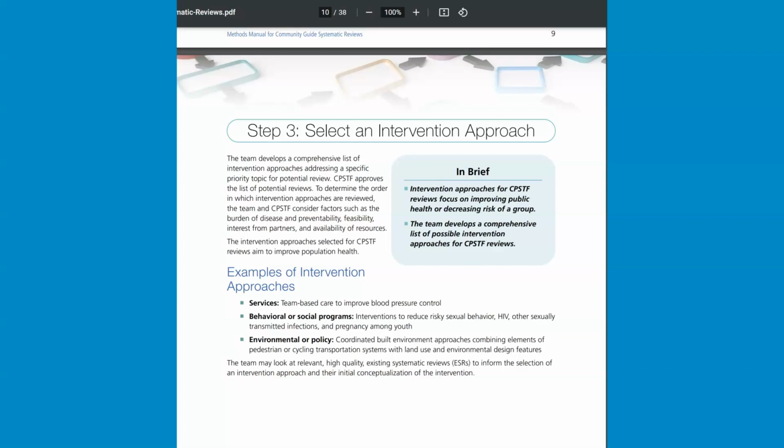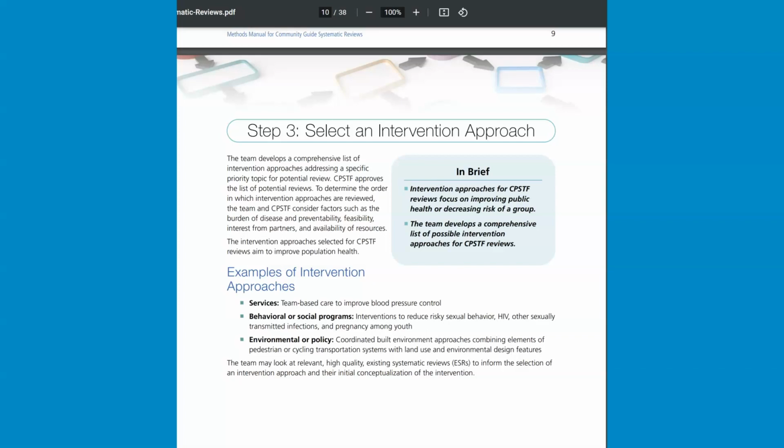So that's one approach. And then the final example of an intervention approach is an environmental or policy level approach. So coordinated built environment approaches combining elements of pedestrian or cycling transportation systems with land use and environmental design features. I know that's kind of a mouthful, but basically it's creating an intervention that alters the built environment in order to promote more physical activity.